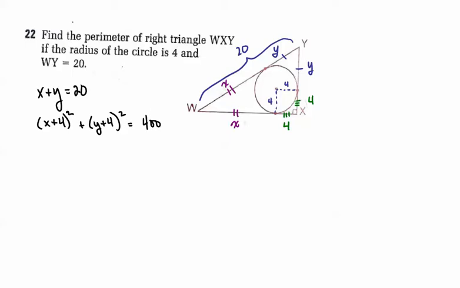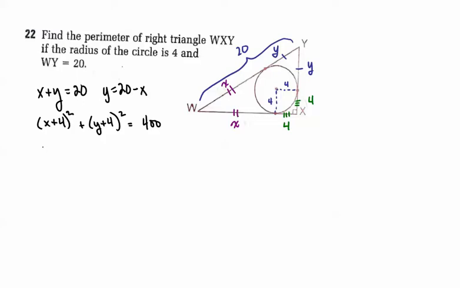So probably the strategy to use here would be the substitution method of solving a system of equations. And that would be to state that y is equal to 20 minus x.